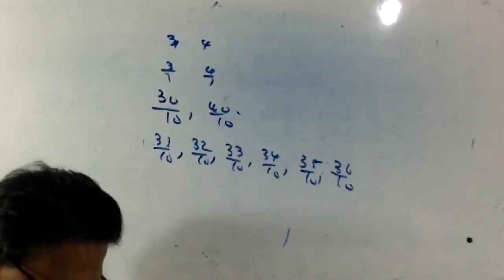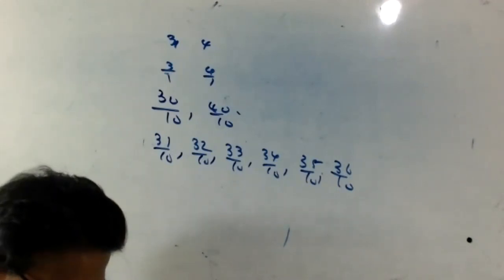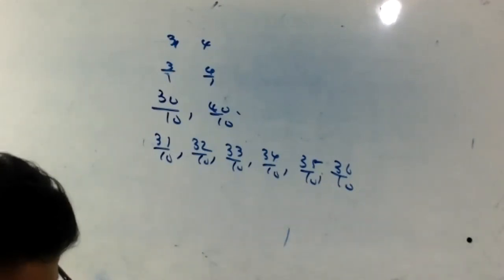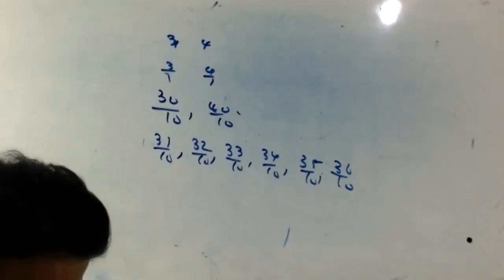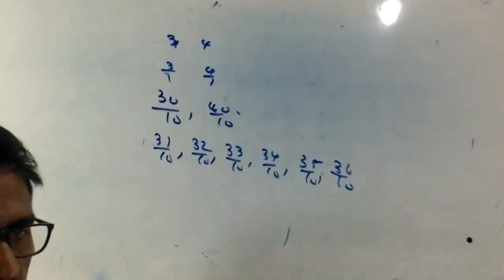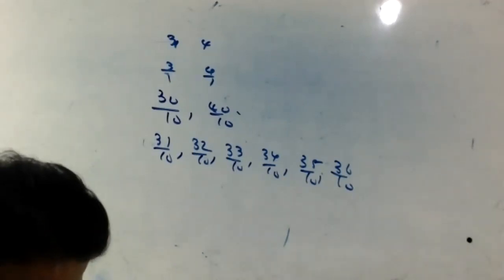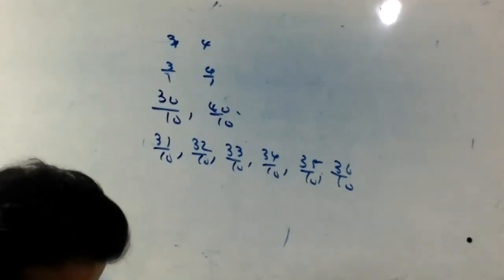Look at several examples of rational numbers in the form p by q, where p and q are integers with no common factors other than 1, like 2 by 3, having terminating decimal expansions.